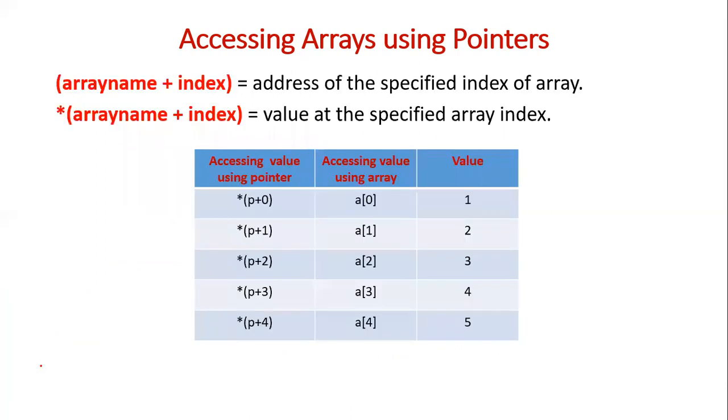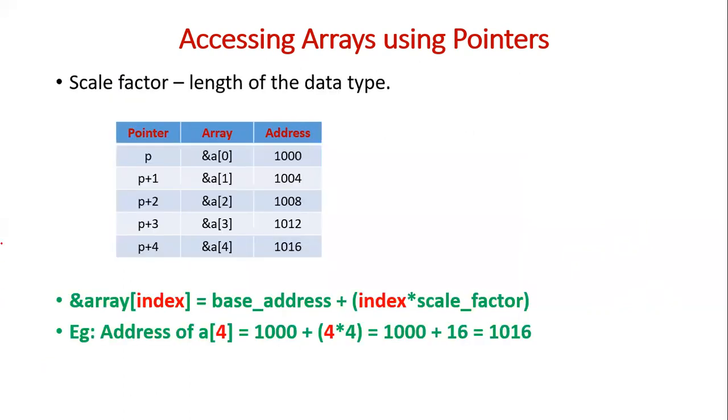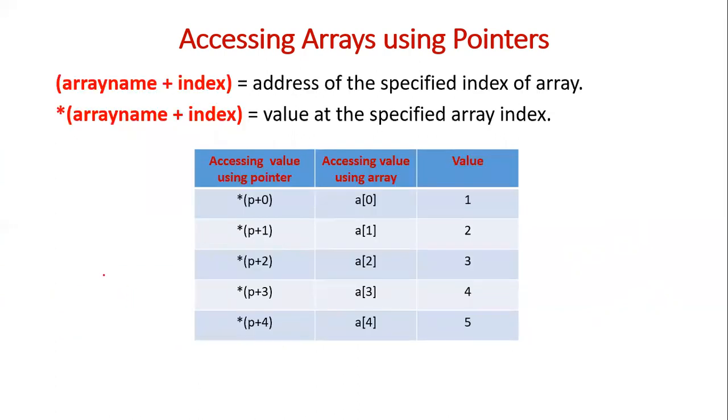Next we'll discuss how to access the value of an array using a pointer. In the previous slide we discussed how to access the address. The address of an array element can be accessed by using just P, or P plus 1, P plus 2, P plus 3, P plus 4, or P plus I. Next, how to access the value?